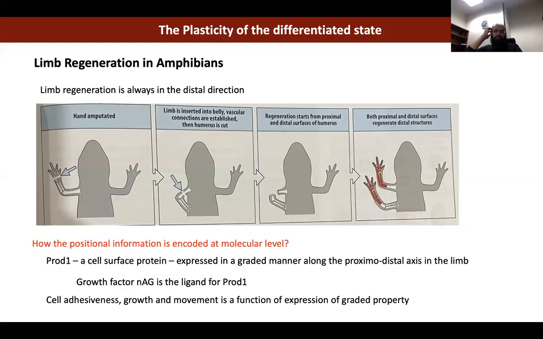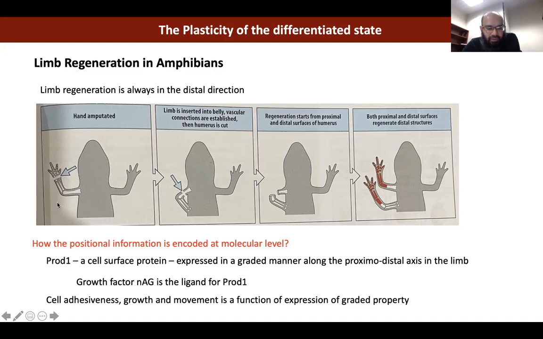The observation was that limb regeneration was always in the distal direction. So for example, if you make a cut here, the limb will always grow into the digits. It will not grow back. That's a memory that is built into the system, and we will see how.